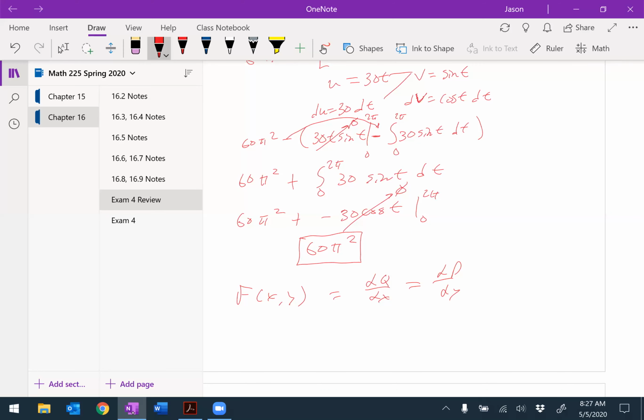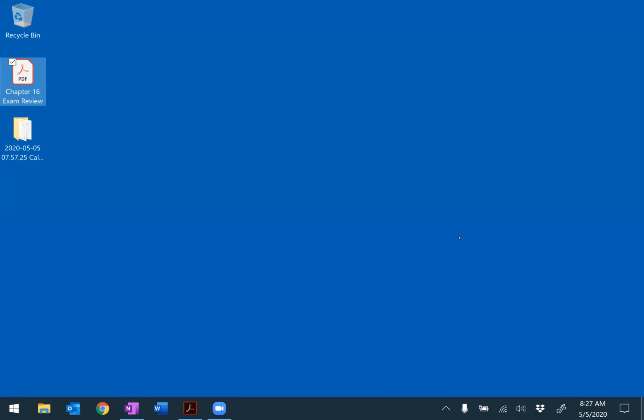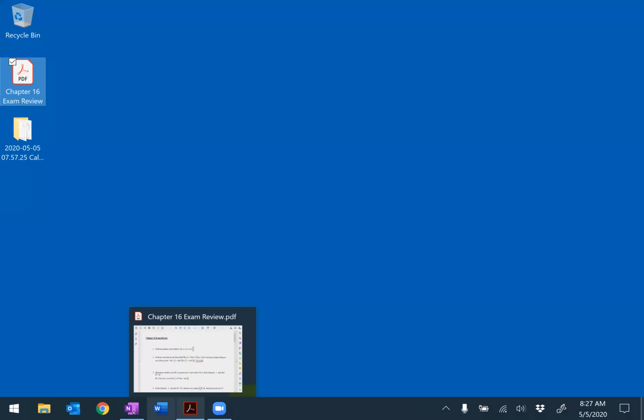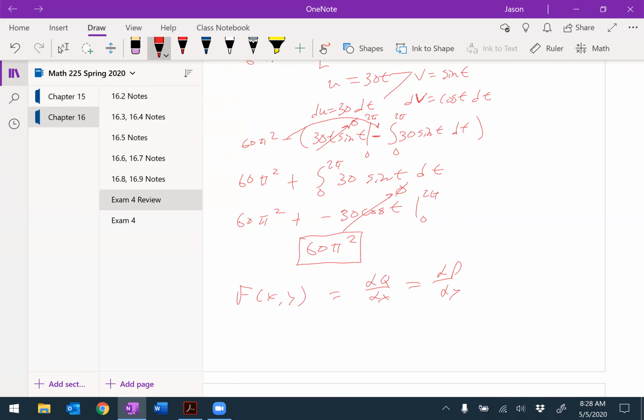If we look at our dp dy, well, p has no y values. Remember our function was f equals 30x i plus 15 times (2y plus 1) j. So if you take q and try to do a partial with respect to x, all you get is 0.